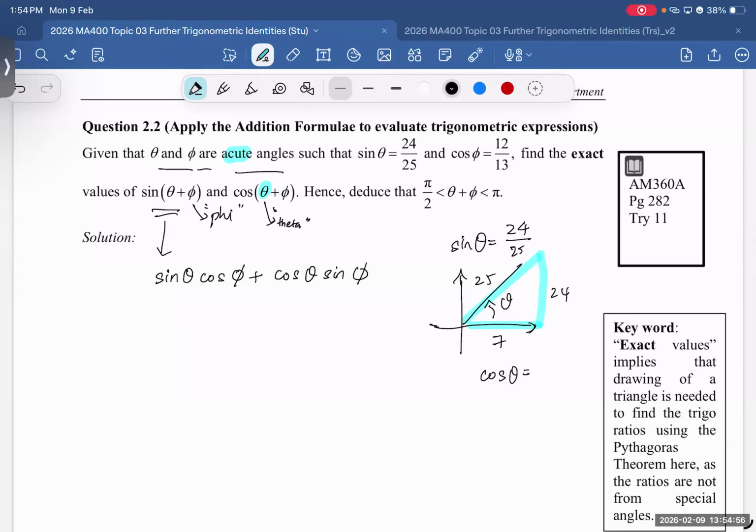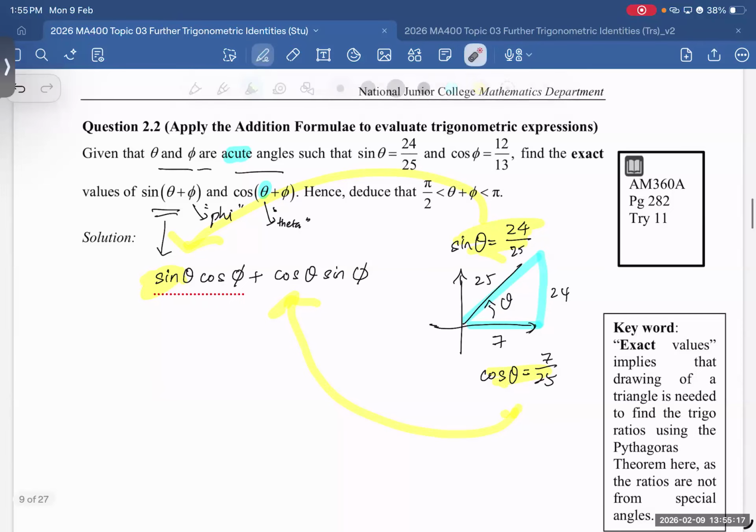What is cosine theta? 7/25. Why do I need this? Because it's going to be part of my grand plan later. Why do I need cos theta?